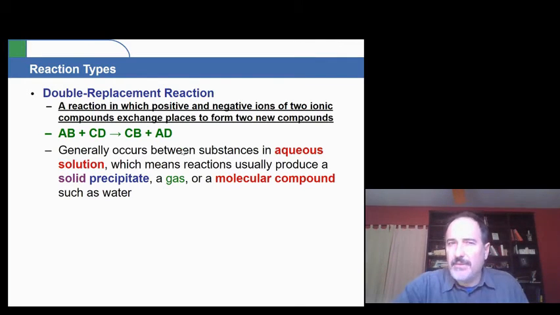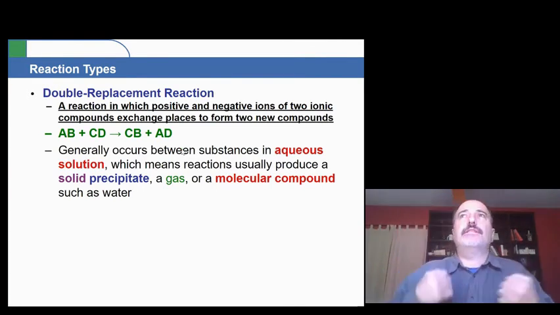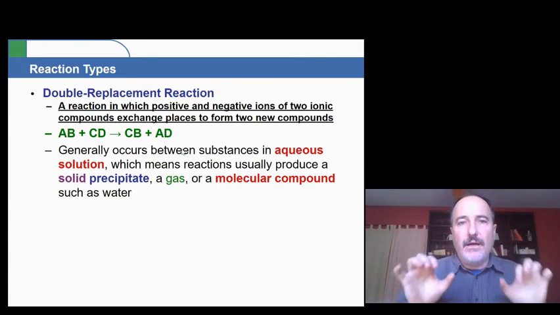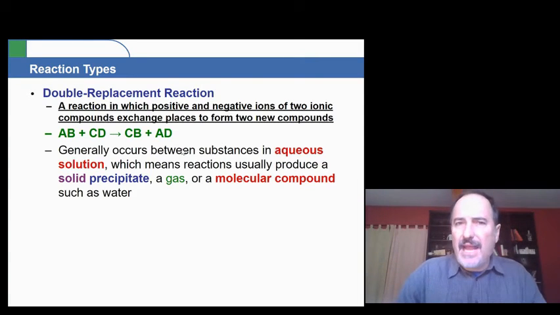Remember, I talked about this before. If you have just two ionic compounds that are solids, they're not going to be able to react very well together. But if you dissolve them in water, then they can.